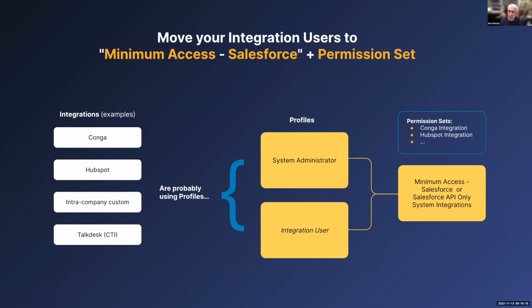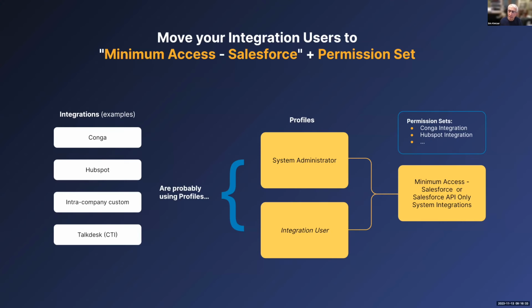So the right strategy for these guys, and these are more, you can pick these off one by one, is to migrate those integration users to the minimum access Salesforce profile or the Salesforce API only system integrations profile.